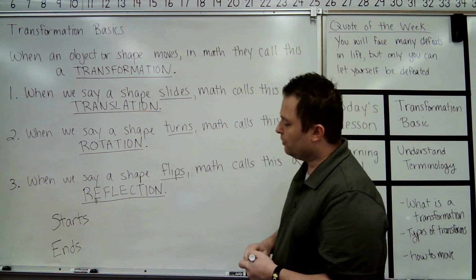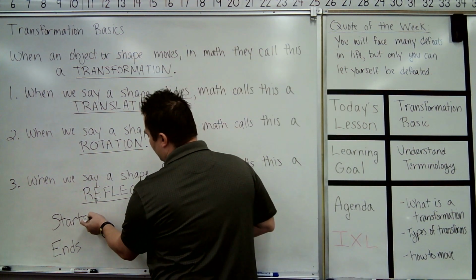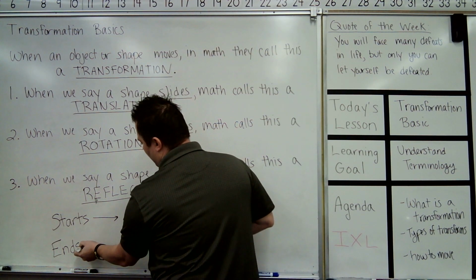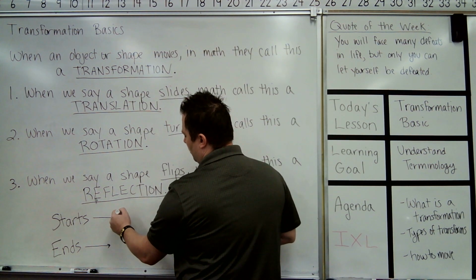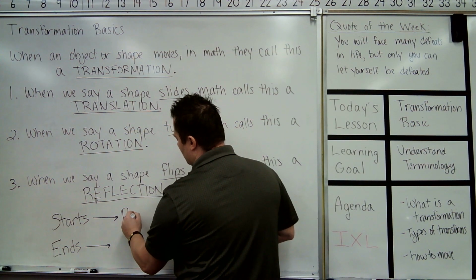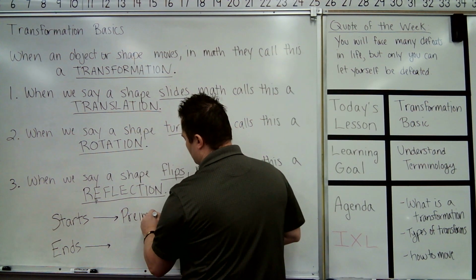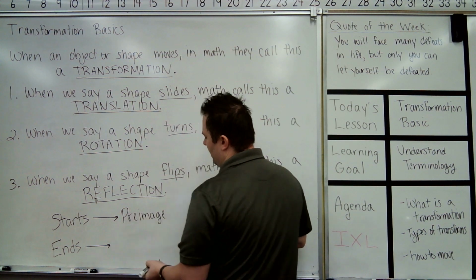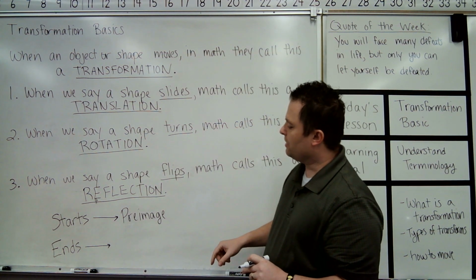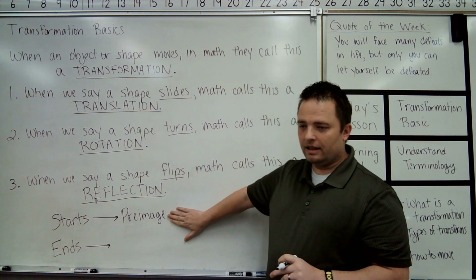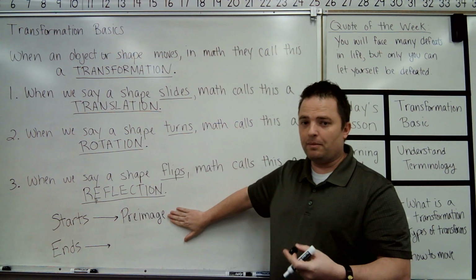Now, they have a special name for each of a starting shape and an ending shape. Now, the starting shape is called a pre-image. Okay, the type of shape where it starts is called the pre-image. The general shape is called a pre-image.